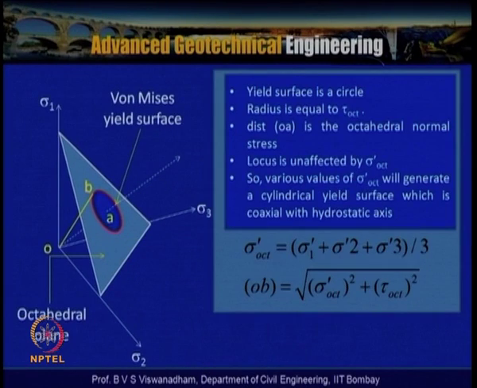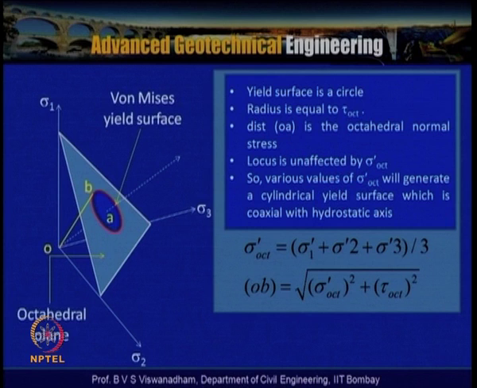Continuing the discussion, the von Mises yield surface is a circle, and its radius is equivalent to tau octahedral, which is root 2 by 3 into sigma y. The distance OA is the octahedral normal stress, and the locus is not affected by the values of sigma dash octahedral.